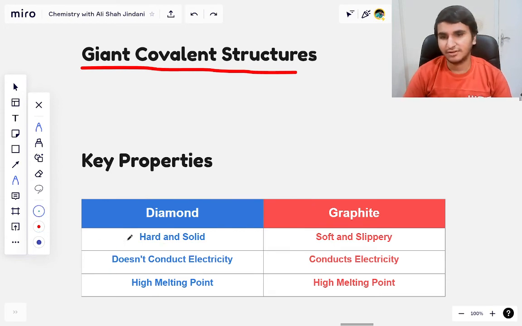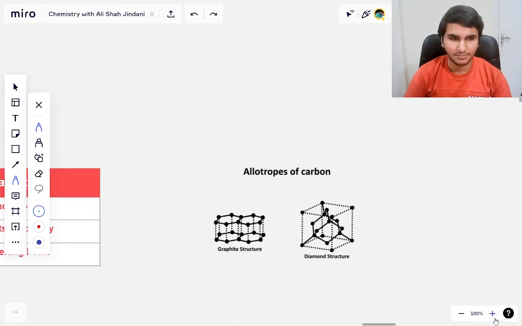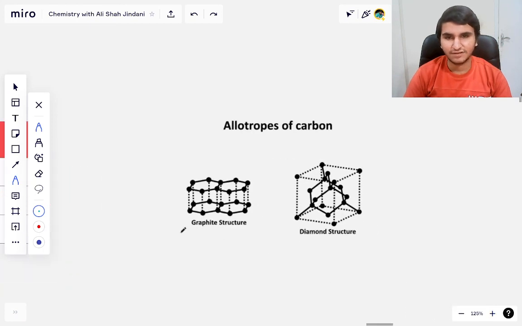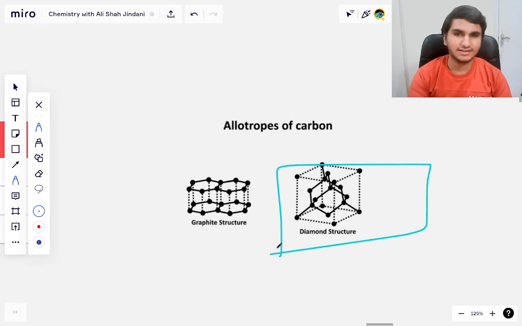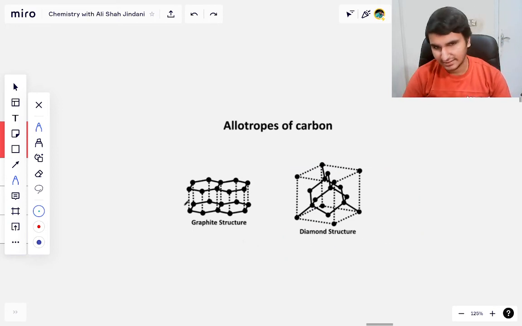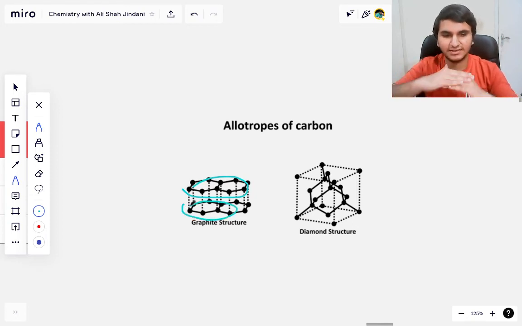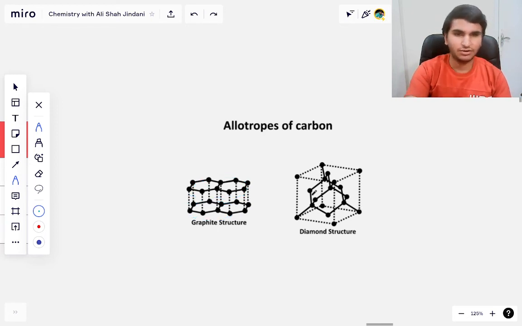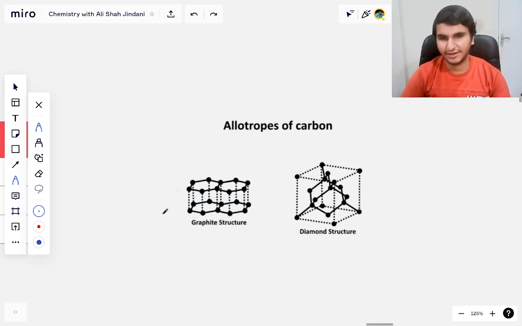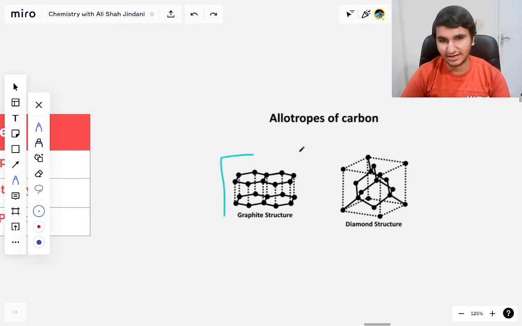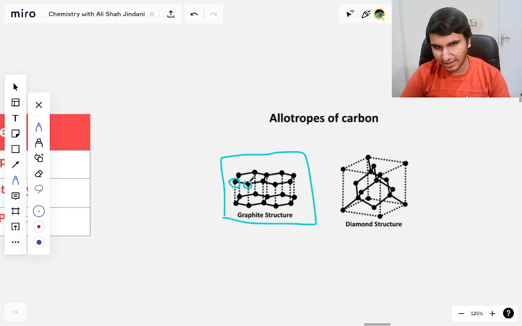If we talk about diamond, let me show you a picture. These are the structures of graphite and diamond. You can see that graphite is arranged in layers, these sheets on top of each other, and diamond is basically all of the carbons joined together. Both of these are made up of carbon, these atoms are all carbon atoms.